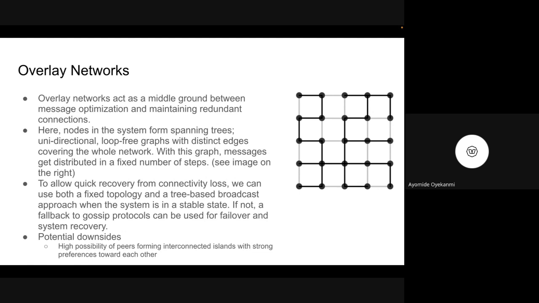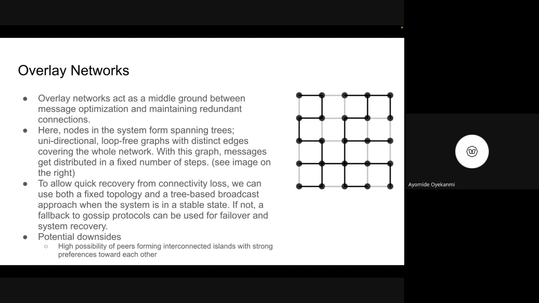So while we want to reduce redundancy, we also do not want to completely eliminate it. So the overlay network is a compromise. We have this cluster of nodes, and then we form connections over those clusters of nodes. So what Ugochukwu was saying about one node being the connector between two groups of nodes, that is the idea, right?